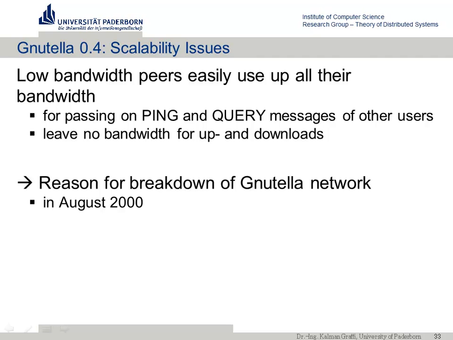It was somehow funny, because the big goal to eliminate the centralized component led to this fully decentralized solution, which in the end didn't work. All the bandwidth was used up for its maintenance.